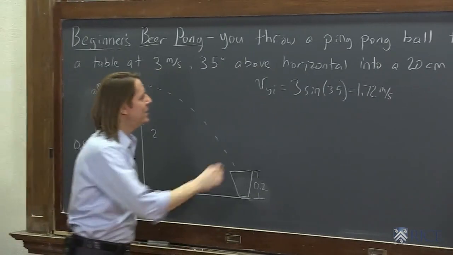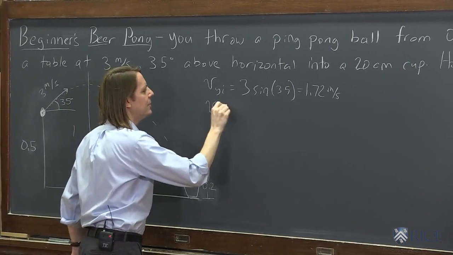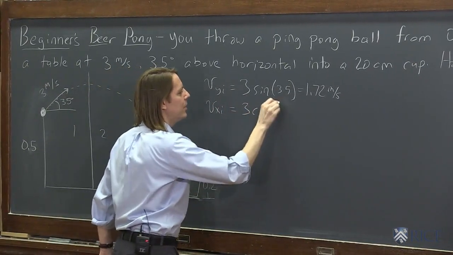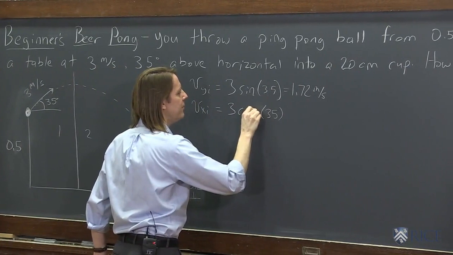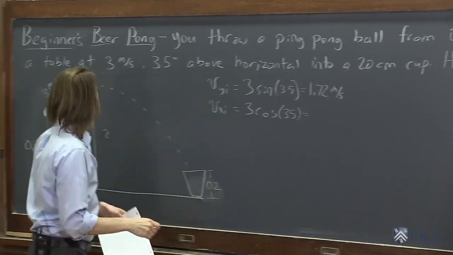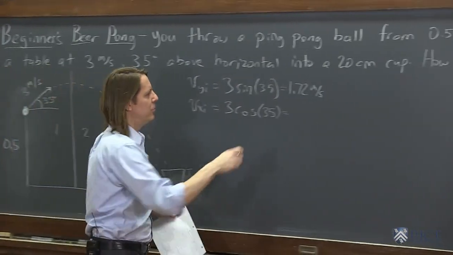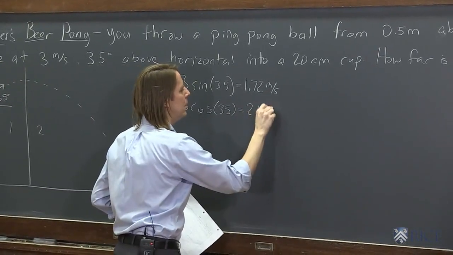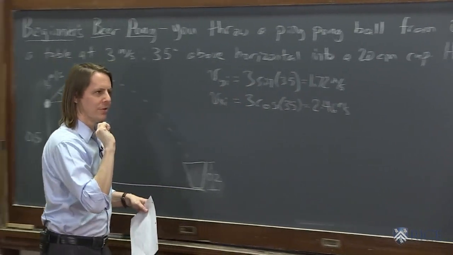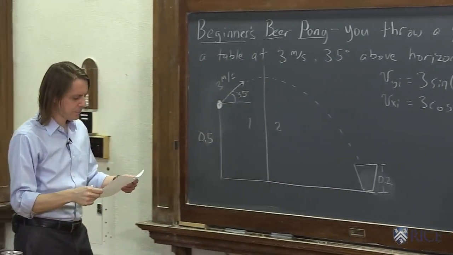And then we need the x. The x initial is 3 times the cosine of 35, which is the speed it's going forward, 2.46 meters per second. The horizontal is larger because I didn't throw it at that big of an angle, 35 degrees.